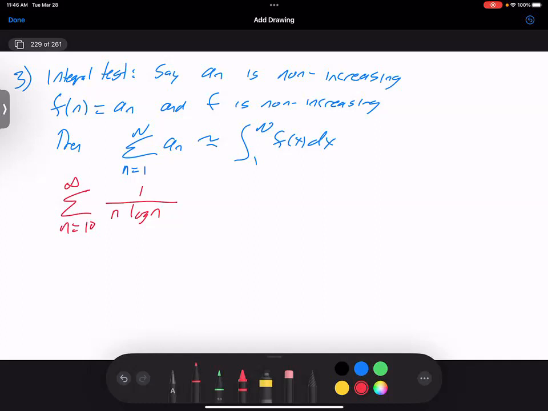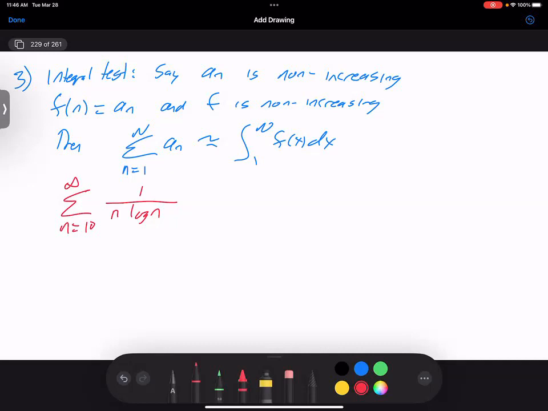So unfortunately, this means I can't use the simple test, do the terms go to 0? Because the terms do go to 0, so I have no information. I could try to compare this to a series. Well, if I compare this to 1 over n, unfortunately, 1 over n is larger, right? So I know that this is less than or equal to a sum that diverges.